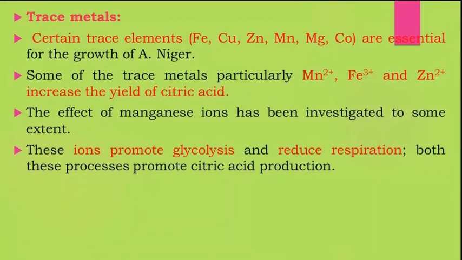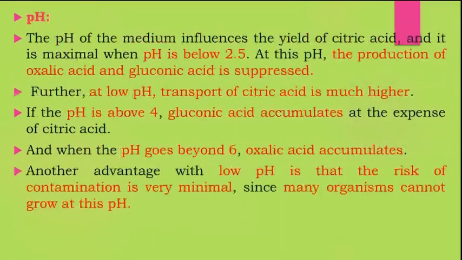Okay. So the pH should be within a range of 2.5 to 4. If it is below 2.4, the production of other components will occur, either oxalic acid or gluconic acid.